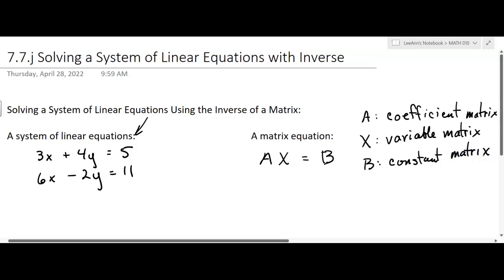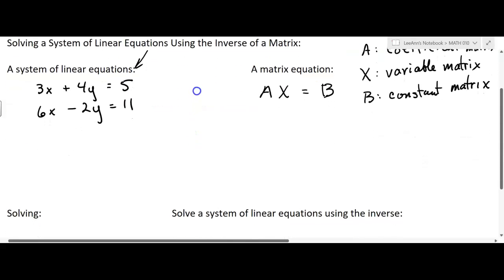All right. So, I'll show you how to get these. So for the A, the coefficient matrix, you're just going to pull off these coefficients: 3, 4, 6, -2. And that would be called the coefficient matrix, and that's A.